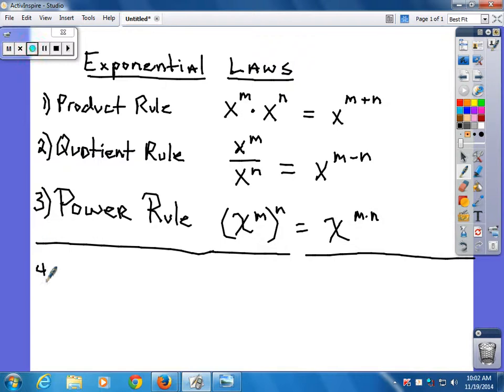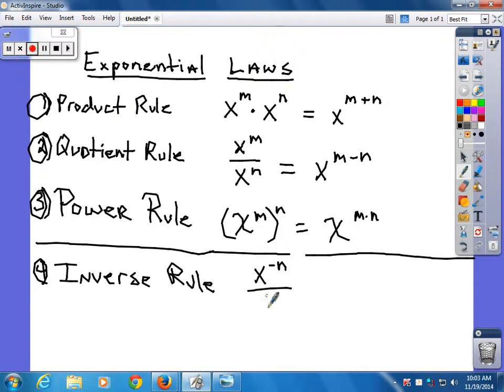And that's the inverse rule, which says if I have x to the negative n over 1, what do I do to make that look better? Flip it. And it becomes 1 over what? X to the positive n, and vice versa.